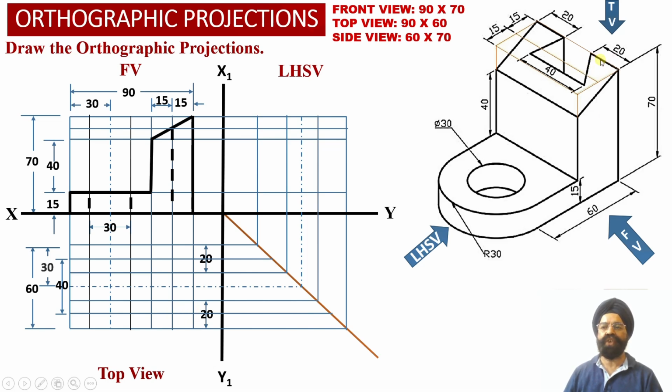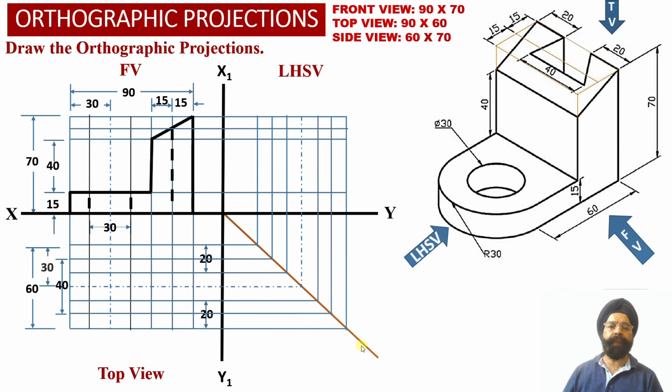So this 40 millimeter depth of this angular slot we have been able to obtain over here, and these two horizontal projector lines, once again we have transferred into the left hand side view projection area using this transfer line over here.